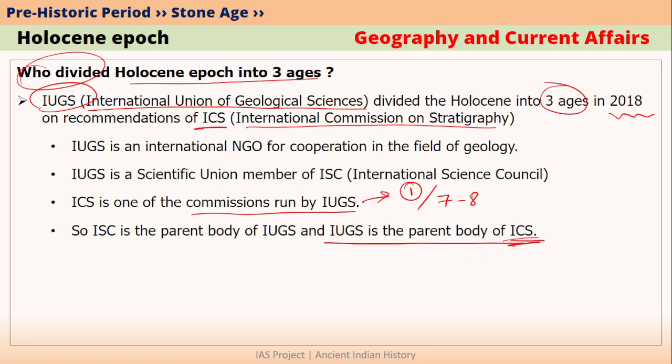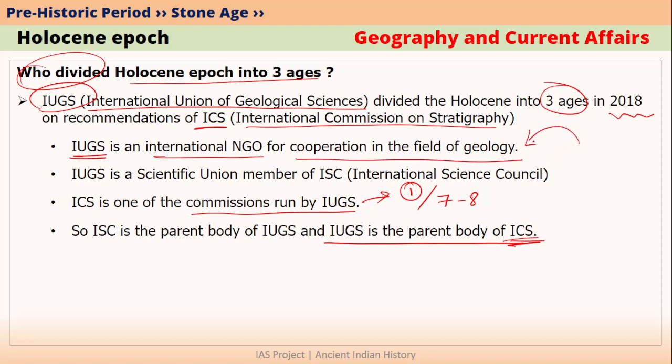So International Commission on Stratigraphy has recommended that Holocene epoch be divided into 3 ages, and IUGS, that is International Union of Geological Sciences, has divided Holocene epoch accordingly into 3 ages, that is Greenlandian Age, North-Gripian Age and Meghalayan Age. If we talk about IUGS, it is an international NGO and it works for cooperation in the field of geology.